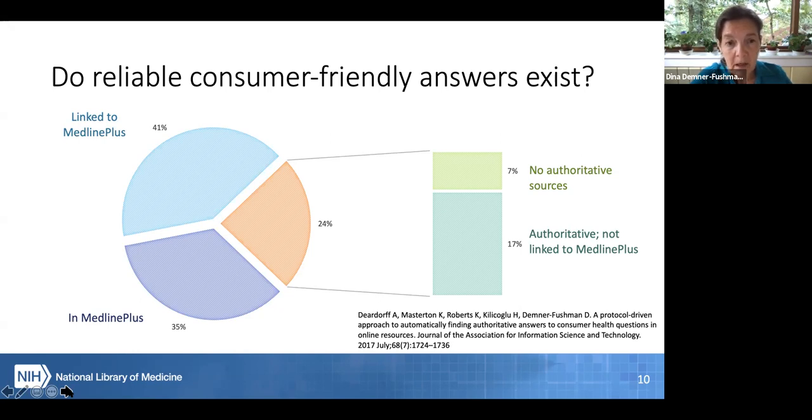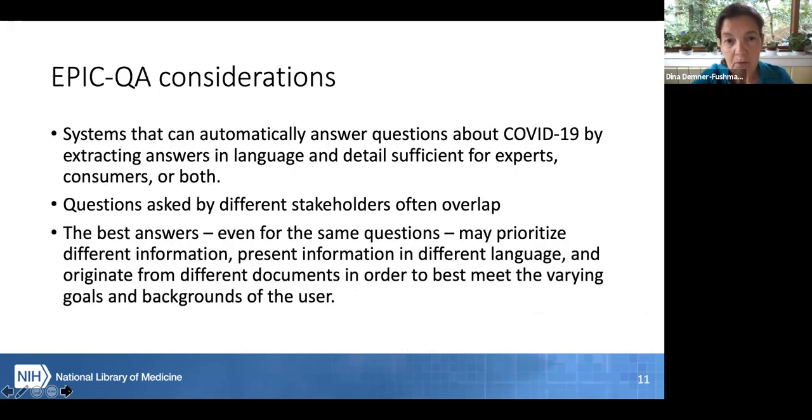And then almost over 40% is linked directly to the topics in MedlinePlus. And of course, there are some sources that are reliable but not linked. And there's 7% of the questions that could not be answered with any reliable sources. So, encouraged, we know that the answers for consumers should exist.